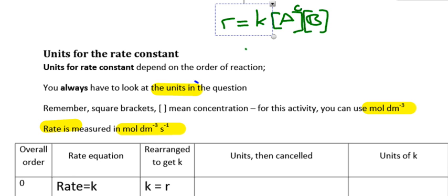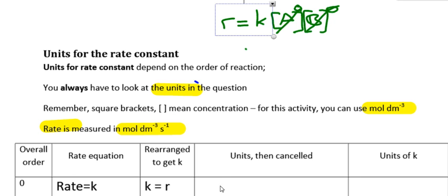In fact, they're both to the power of 0. They're both 0 order reactions. So therefore, they cancel out. They just become 1s in the equation. And so we're just left with R equals K.